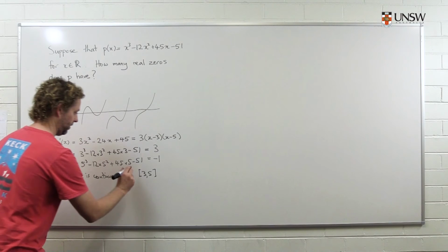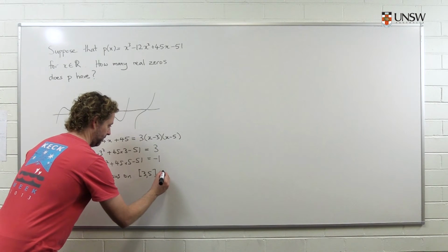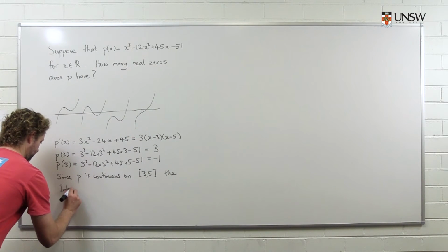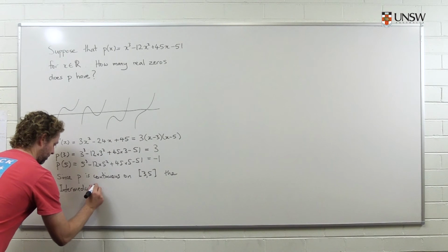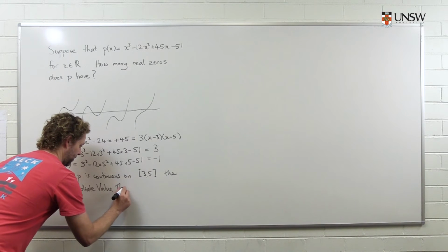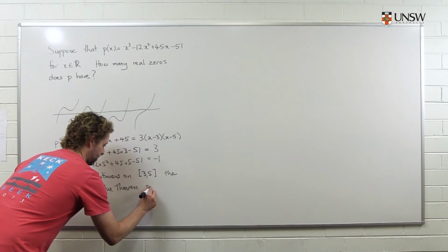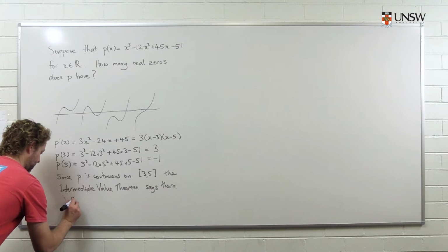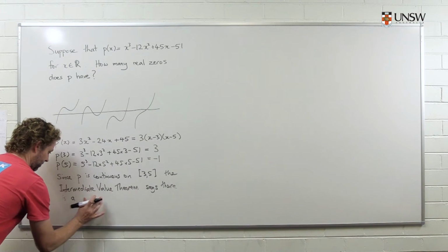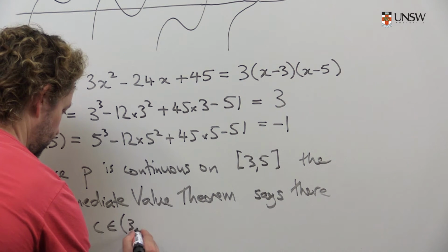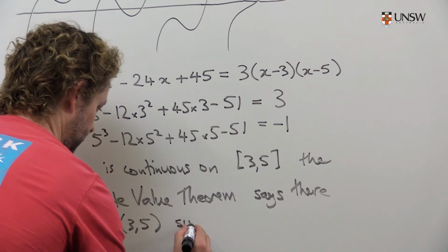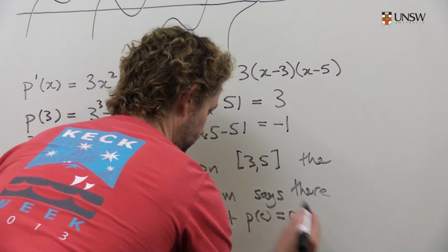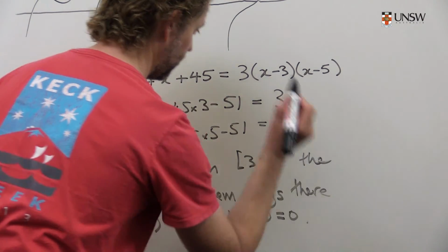Since p is continuous on the interval from 3 to 5, the intermediate value theorem says there is a point c somewhere in the middle such that p of c equals 0. In other words, there is a 0 somewhere in that interval.